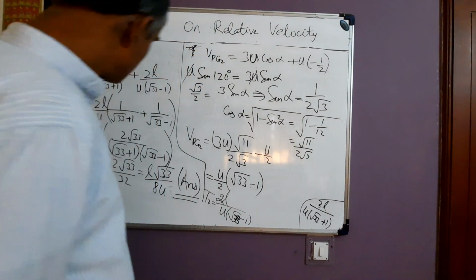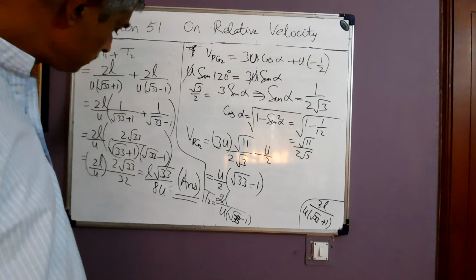Alright. Time taken by the plane for the complete journey is equal to L root 33 by 16u.